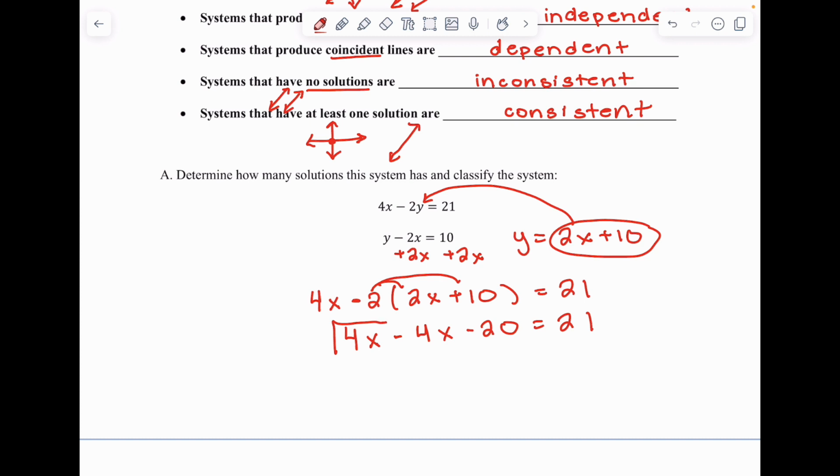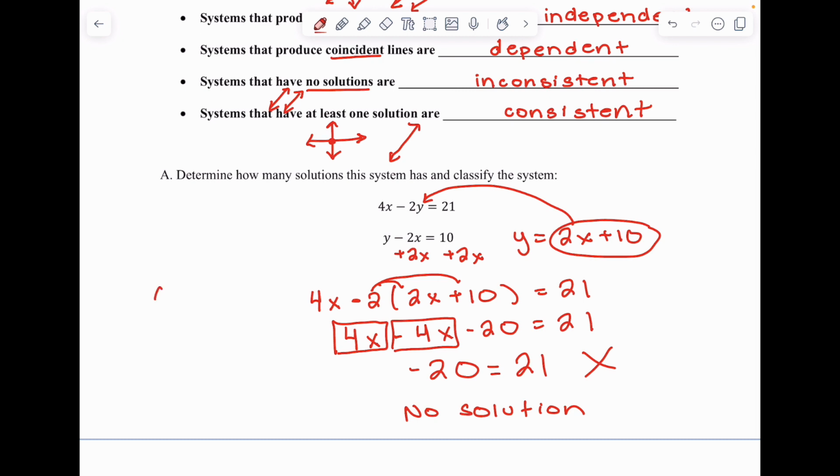But if you see here, I have 4x and minus 4x, which are going to cancel out and leave me with negative 20 equals 21, which does not work at all. And we know that when this happens, it means that there is no solution.